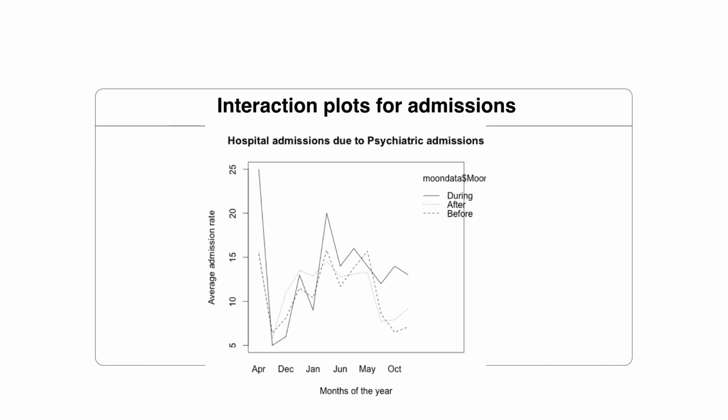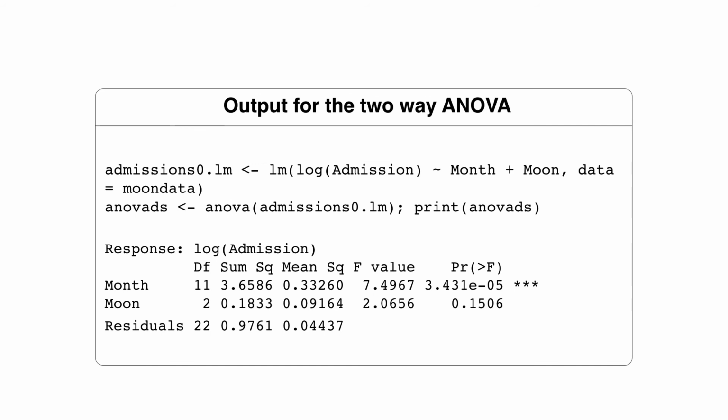So we put the two-way ANOVA here into the picture, and you can see that the admissions can be modeled using a log of the admissions on the moon and the month. And this is interesting, because what we're trying to do here is say that this could be a sort of multiplicative function of the month and the moon.